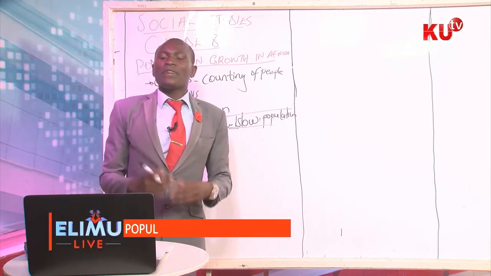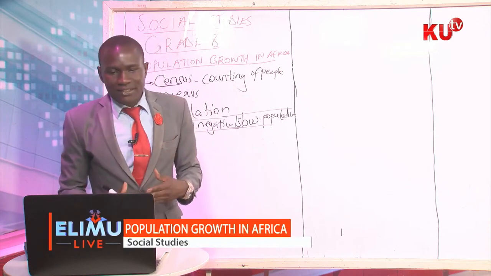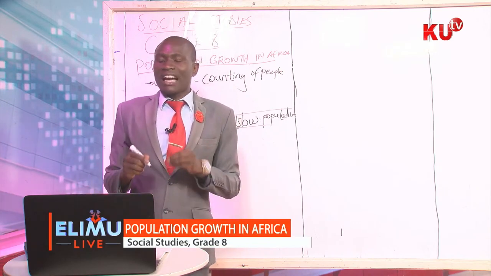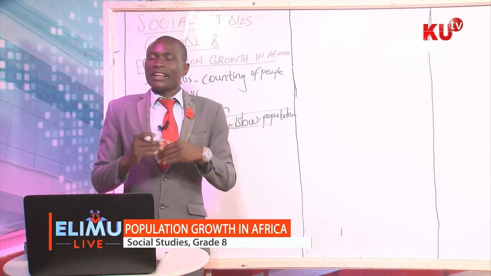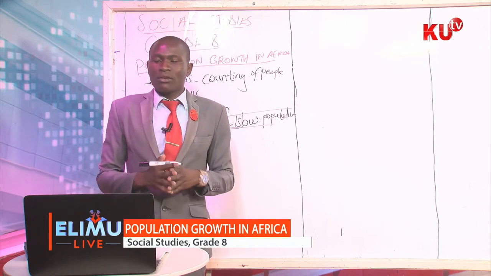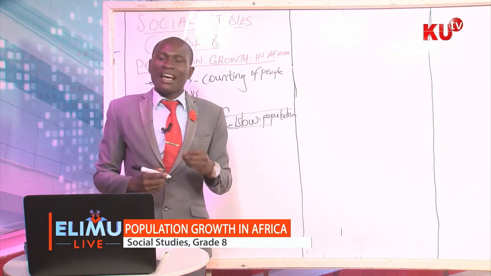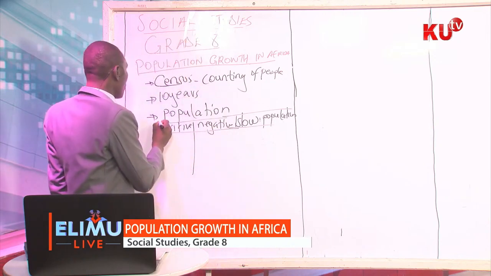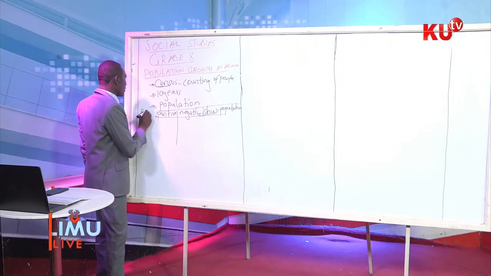But positive population growth is a result of high birth rates or people coming into the country. When the rate at which people come to our country or the birth rates are high, they form what we call a positive or rapid population growth.